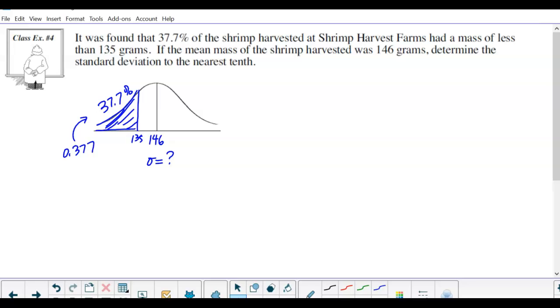So we know this area, so we could use our 0 and 1 for z-scores and get the z-score here. If we go inverse norm of 0.377, remember for z-scores the mean is 0 and the standard deviation is 1.